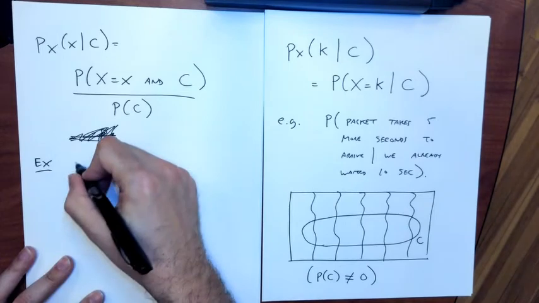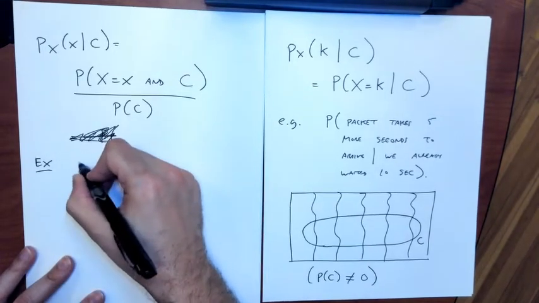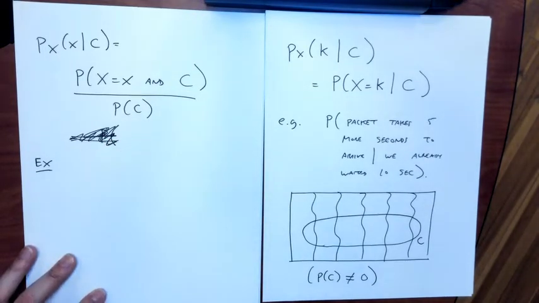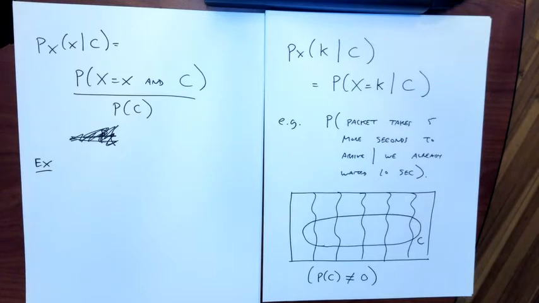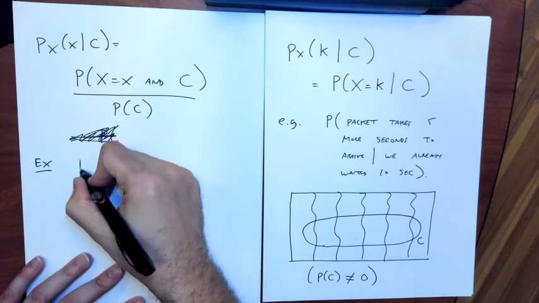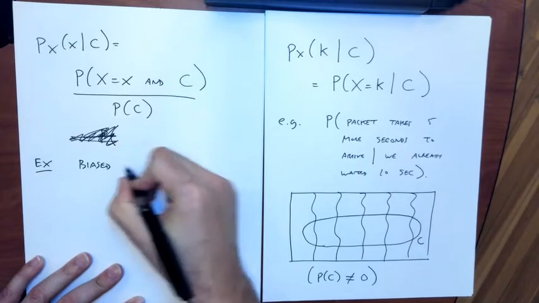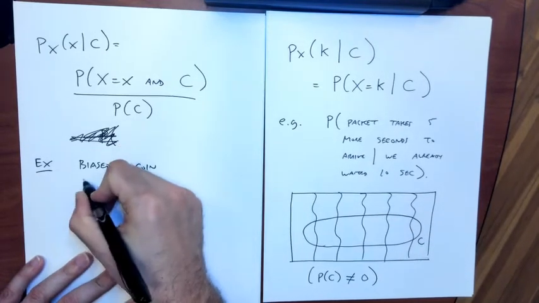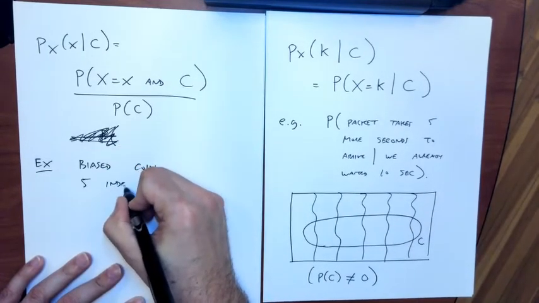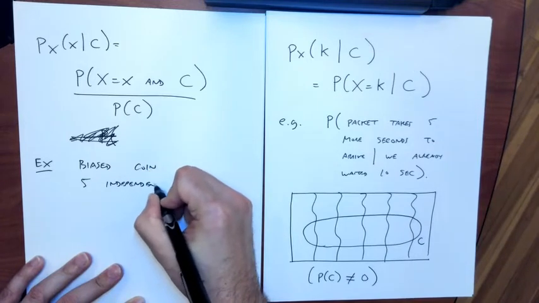So let's suppose that I'm flipping a coin, and maybe that coin is not fair. Maybe it's a biased coin. So I've got a biased coin, and I do 5 independent flips.